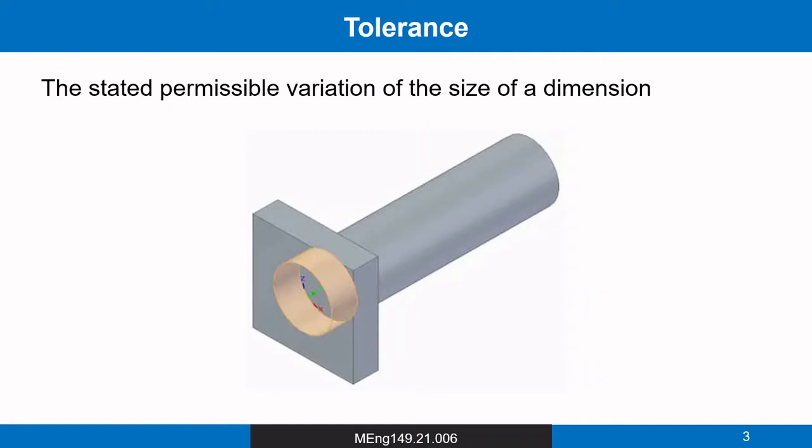So for example, a shaft that we insert into a bearing, or a shaft that we insert into the hub of a gear, a shaft that we insert into a bushing or pin in a hole.